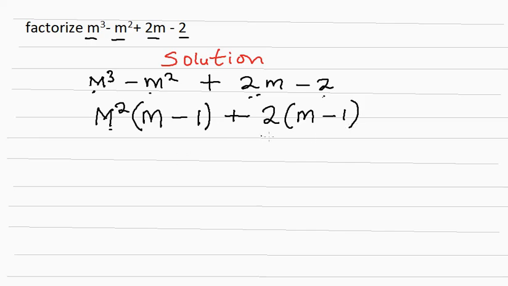Okay, so looking at what we have so far, you discover that I have two expressions now. This is one term, and this is another term right here. And there's a common factor. The bracket is a common factor. M minus 1 is common to these two terms. So I'll take it out, M minus 1, then open a bracket, then I now have M square minus 1.